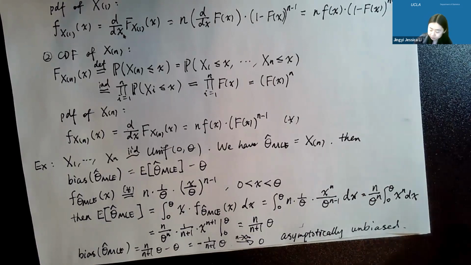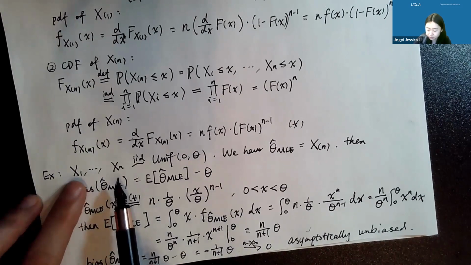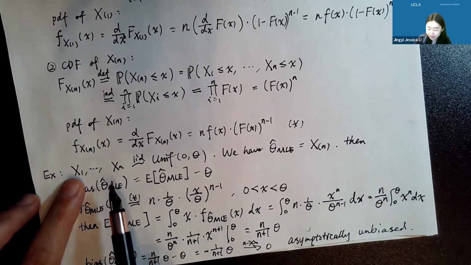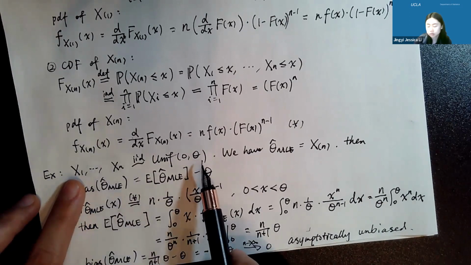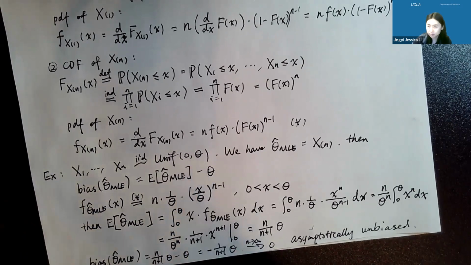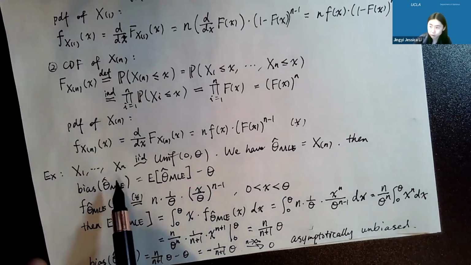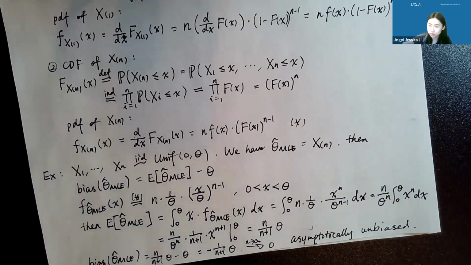And that makes sense, right? When you have a small sample size, you cannot expect that the sample would exactly touch the upper bound. So when you take the maximum, you know that the maximum is under theta. But as your sample size gets larger and larger, your n values become denser and denser, so you can better expect that the maximum is going towards theta.